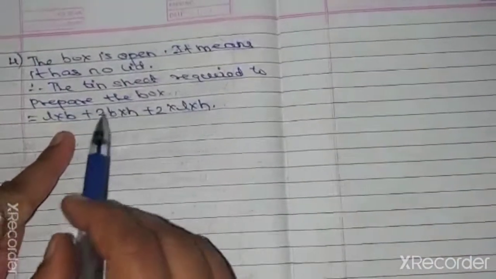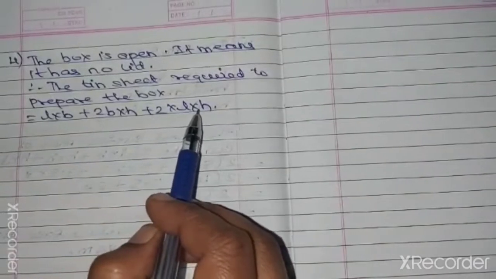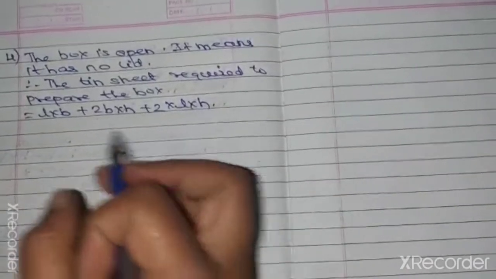See here, the lid is not there, so the length and breadth of the top are gone. The cover of the box has only length and breadth, the rest everything is there. So length multiplied by breadth plus 2 multiplied by breadth multiplied by height plus 2 length multiplied by height.